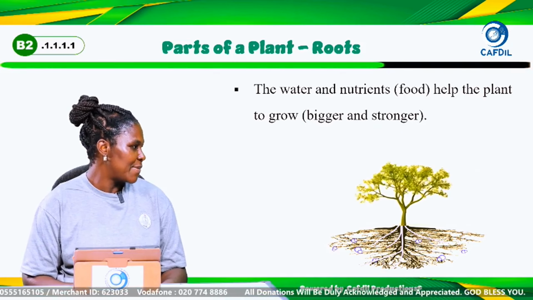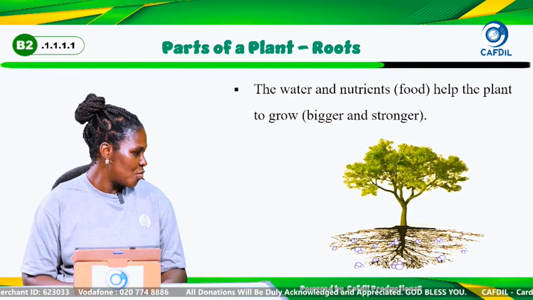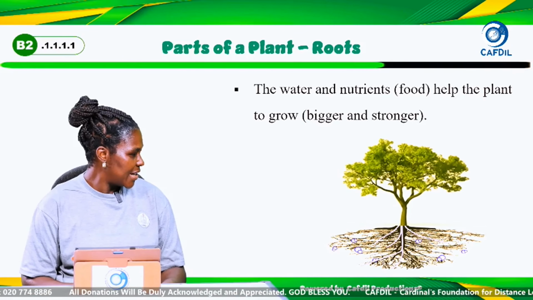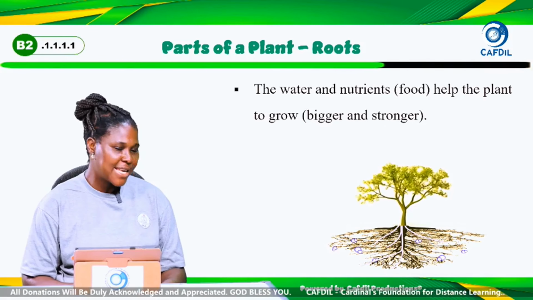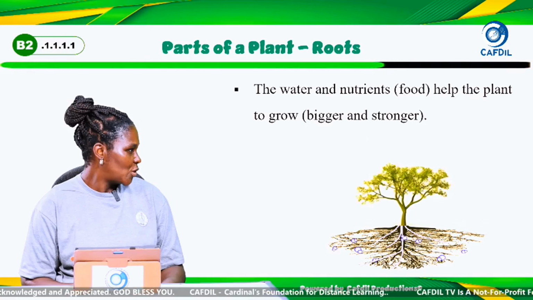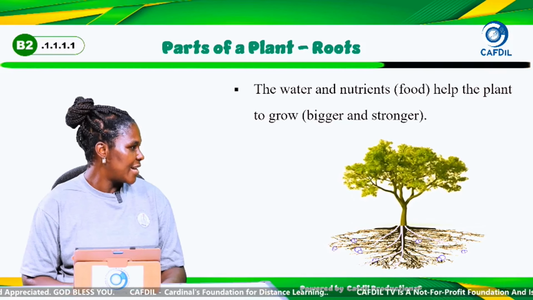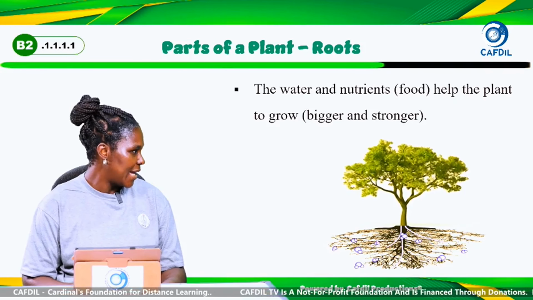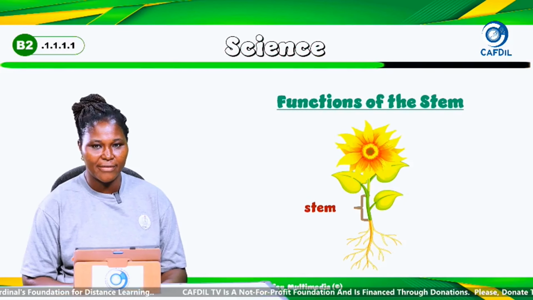Now look at this plant too. It was very small and the roots have helped it to grow by taking the water and food from the soil. So the water and nutrients, that is the food, help the plant to grow bigger and stronger.